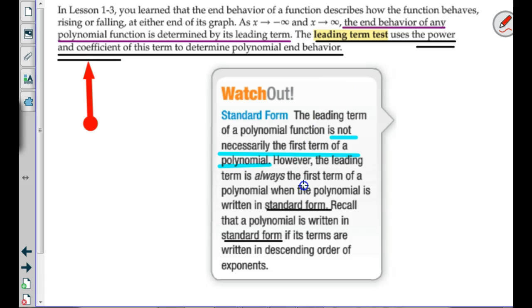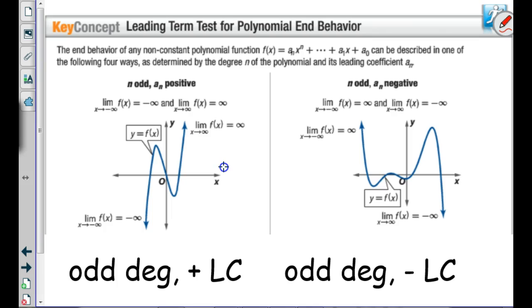Now, it does say down here, this is just a warning, and we already talked about this, but the leading term is not always first. Everybody good with that? That they could slip that highest exponent power in later in the problem. All right, so the leading term test says, if you have an odd degree, degree 3, degree 5, the ends are going to go opposite directions. That seem okay? We all are supposed to have memorized that this is a cubic shape, right? Ends go opposite directions.